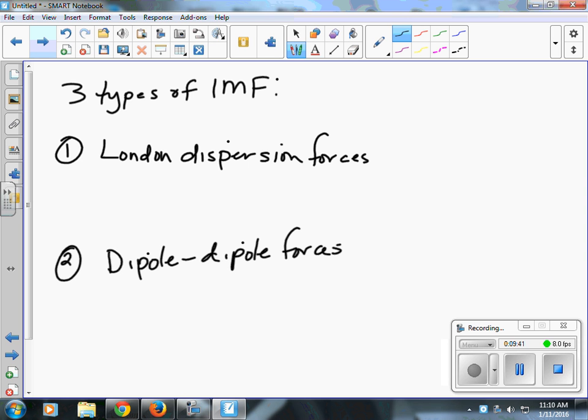Skip 2 lines. Number 3, I hate the name of this thing. Absolutely hate the name of it, and you'll see why. Hydrogen bonds, because it's not a chemical bond.